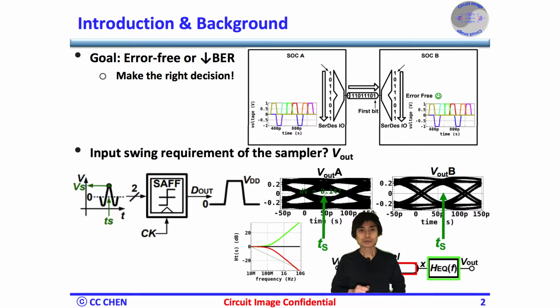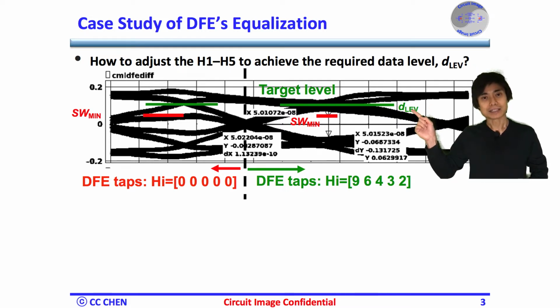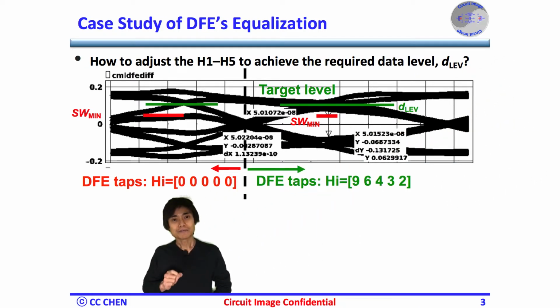we must remove the ISI from the band limited channel by applying either the FFE or DFE discrete time equalizer. Assume we know the required swing target, which is the green level D-left here. As you can see on the left hand side, with the DFE coefficient values set to all zeros, the I high is less than the minimum required swing, SW min.